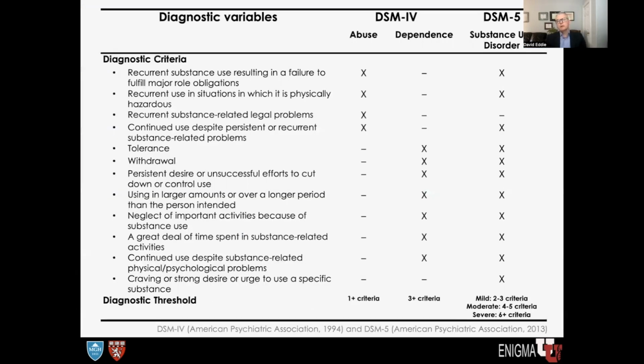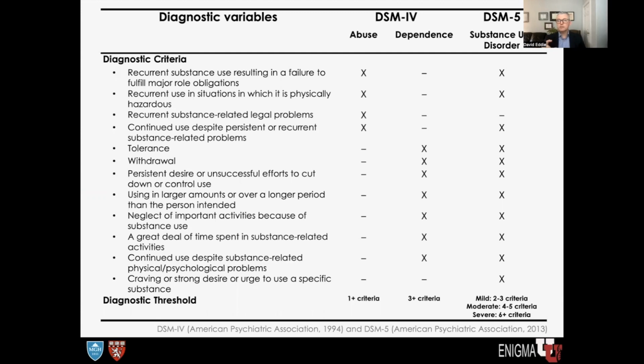So you will see here on the left-hand side diagnostic criteria that have been used either in DSM-4 or DSM-5 to diagnose substance use disorder. Now, just to back up, DSM stands for the Diagnostic and Statistical Manual of Mental Disorders, as produced by the American Psychiatric Association.